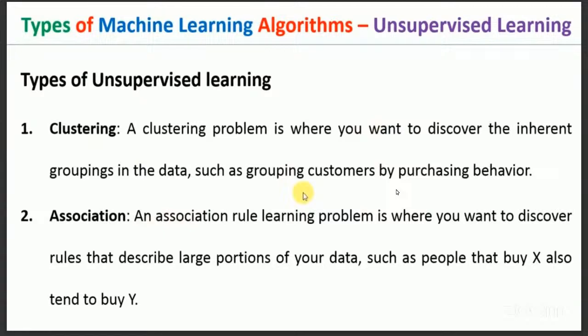And what is the combination of products they are buying? Let's say if you buy milk, what is the probability of taking eggs?